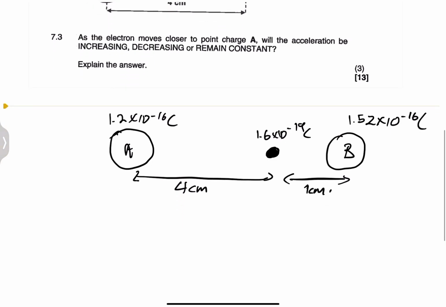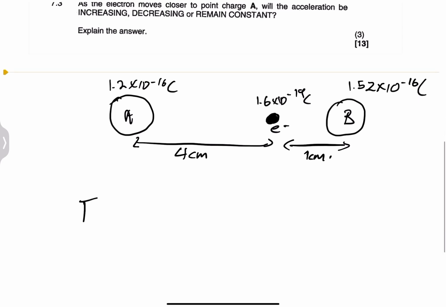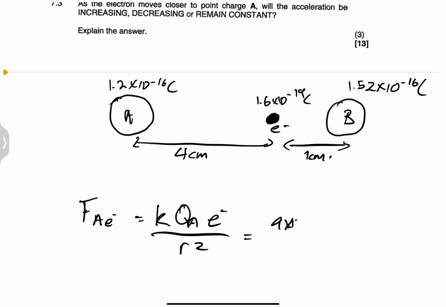So now let's look at, so this is our electron. I'm going to take the force between point charge A and the electron. So that's going to be k Q A multiplied by e divided by r squared. So that's going to be 9 times 10 to the power 9, let me just write that properly.